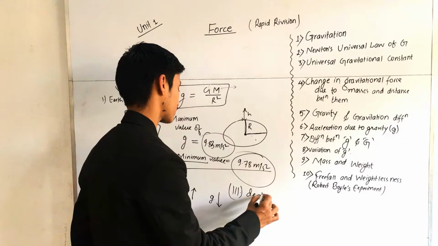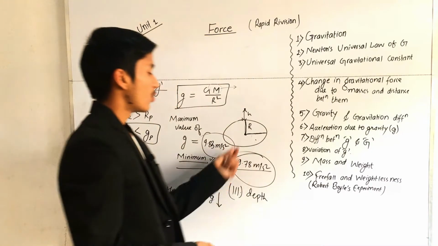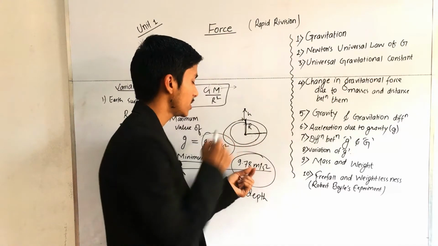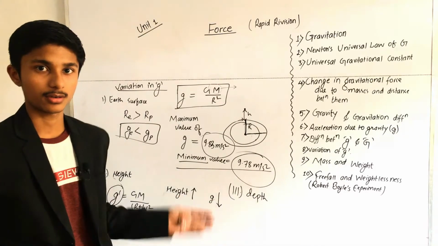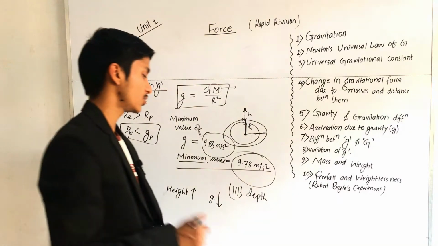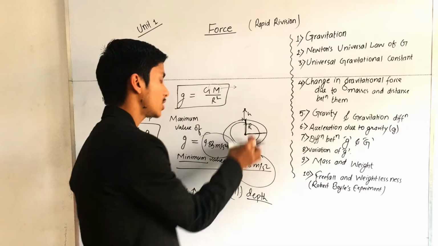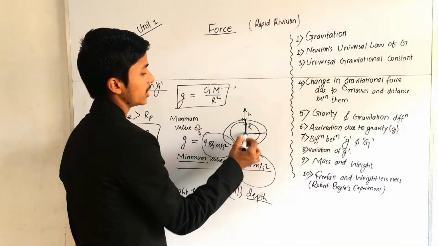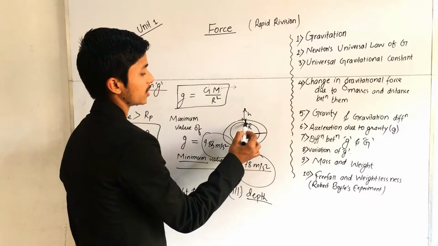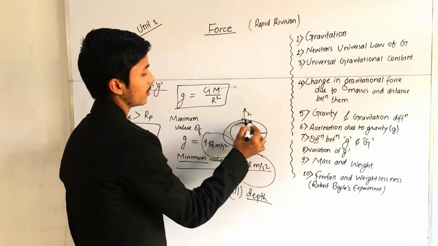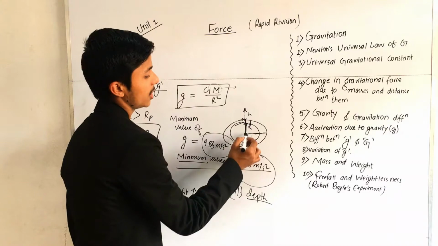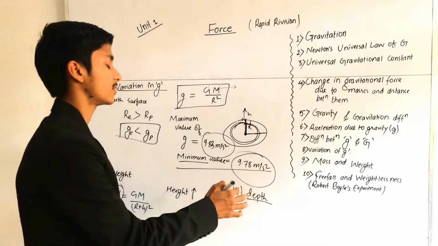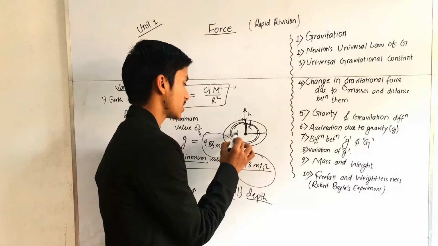Okay, when we go below from the earth's surface, what will be change in gravity? What will be change in acceleration due to gravity? So when we go down, then we only take a radius up to this much. When we go from here to here, then we take a radius up to this much, and then after we take only mass of this one.